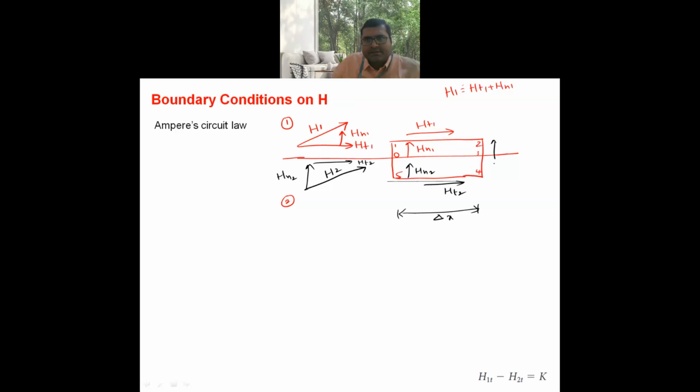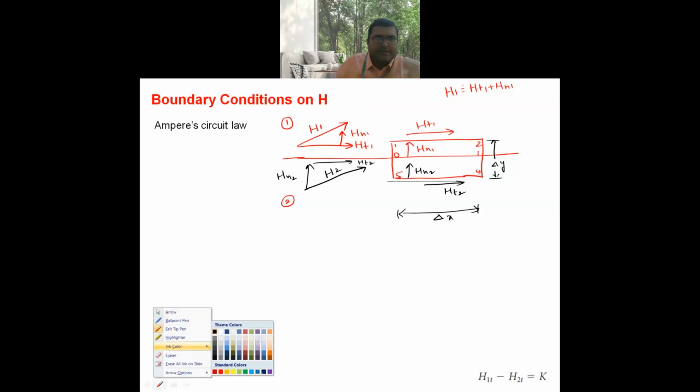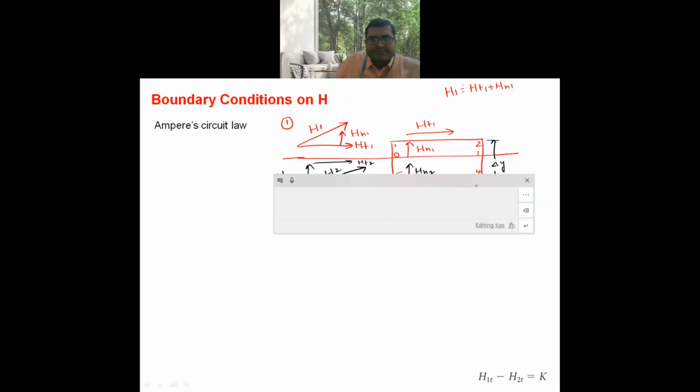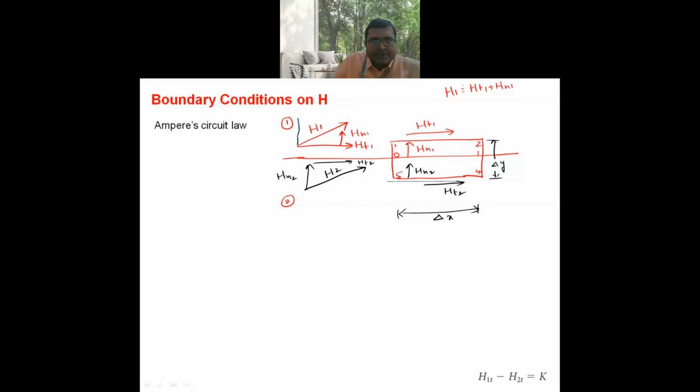Along the normal direction, the length of the rectangular loop is delta y. And here the angle made by the field with respect to the normal is theta 1 in medium 1, and the angle made in medium 2 is theta 2 with respect to the normal.